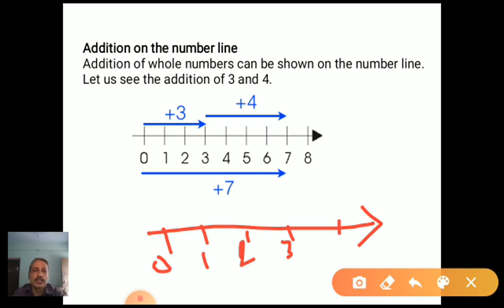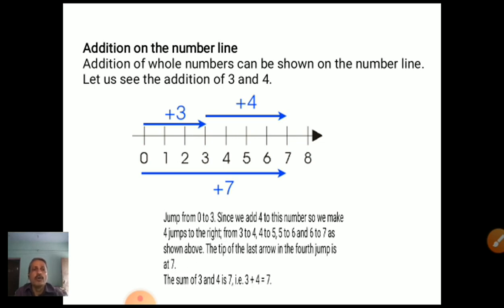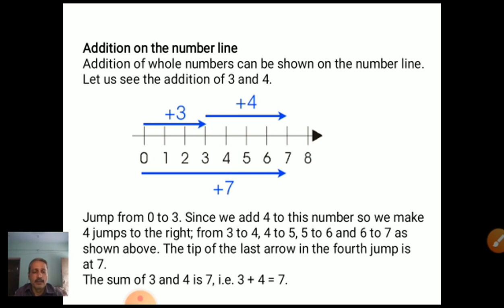Because 0 is the starting number of whole numbers. Good. And suppose we have to start from where? Very simple. We move first from 0 to 3, jump to 3, and then move to the right side.